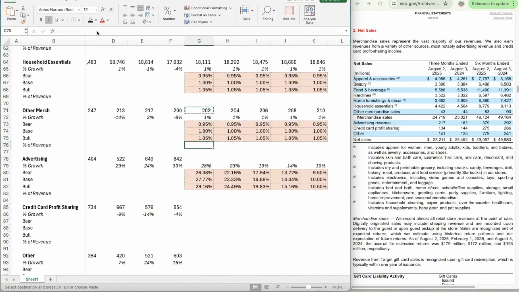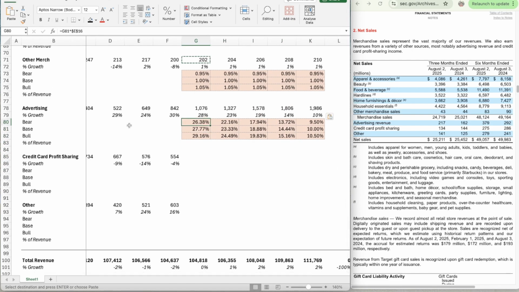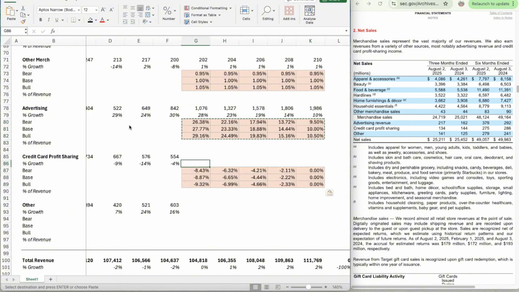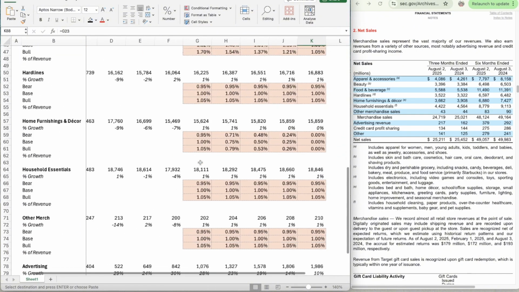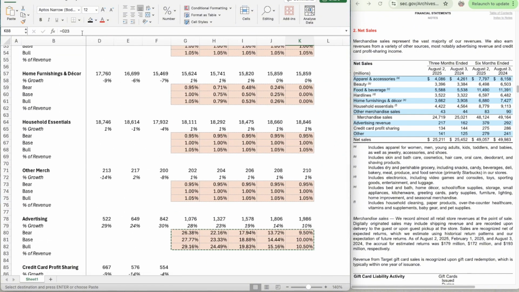This is this. I mean, it's not great. Would this be G17, I think.